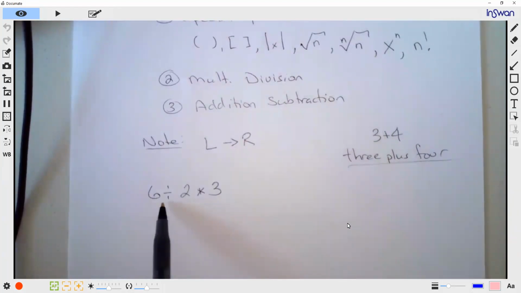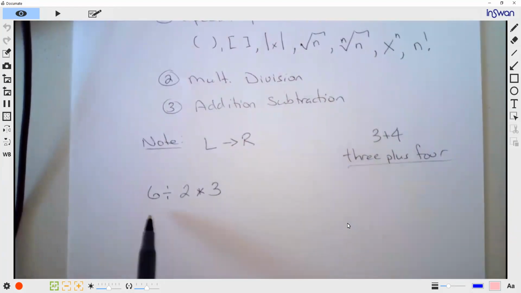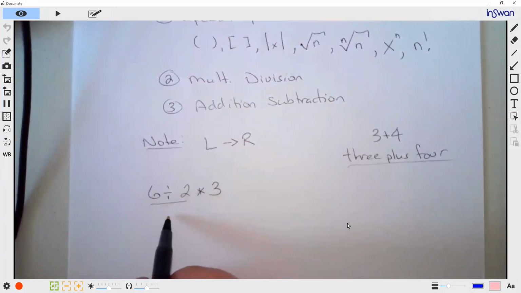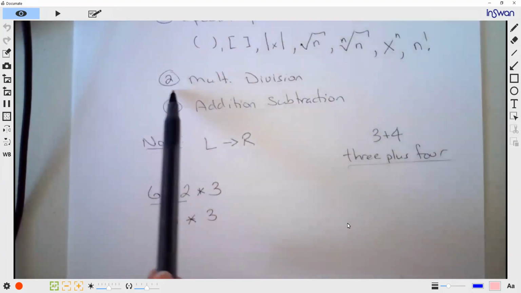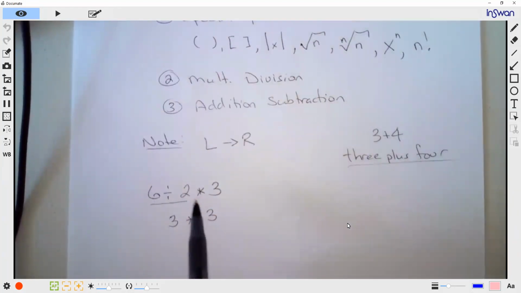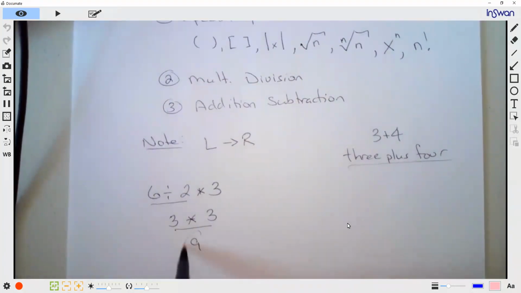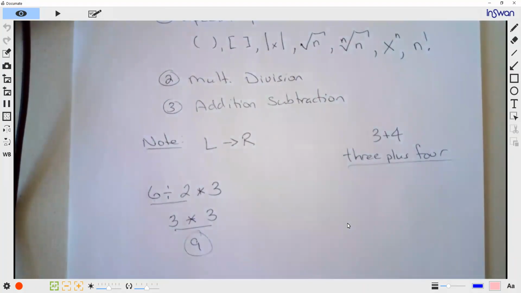There's only multiplication and division. So left to right, we do this first. 6 divided by 2 is 3. Every time you do a step, repeat. Are there any special operations? No. So go to the next one. Here's a multiplication. That's the right answer.